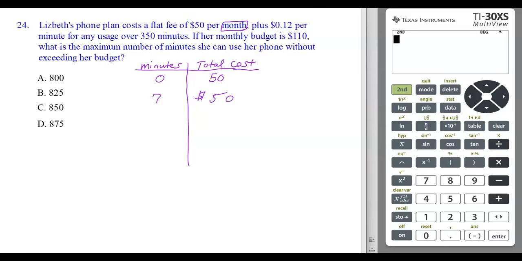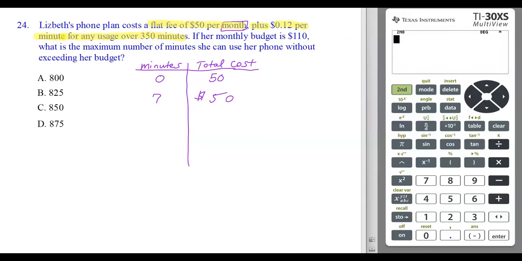It says here that Lisbeth's phone plan costs a flat fee of $50 per month plus 12 cents per minute for any usage over 350 minutes. So she can use her phone as much as she wants to up to 350 minutes and she will not be charged the 12 cents per minute. She's only charged the 12 cents if she goes over 350 minutes. That's what that means. But she's always charged every month that flat fee of $50.